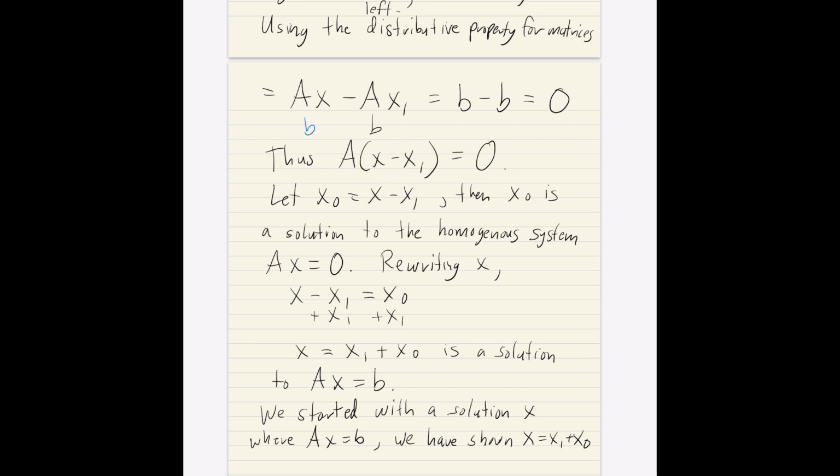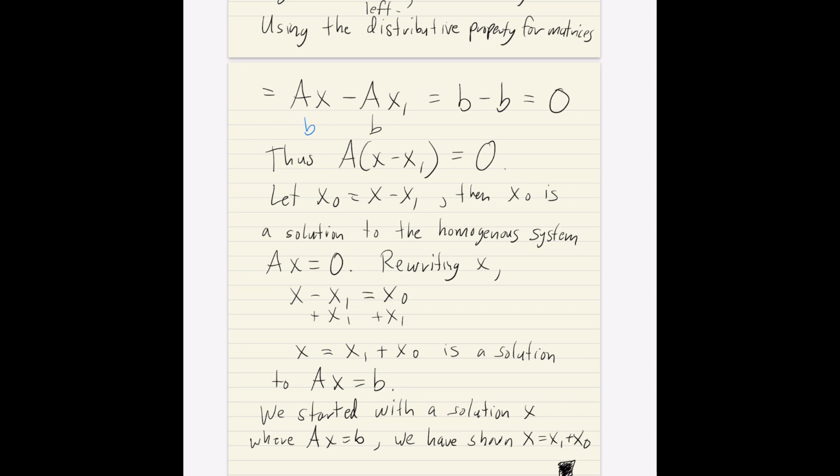And therefore, we have shown that every solution to the system can be written in the form x1 plus x naught. So that is the solution to part 1.